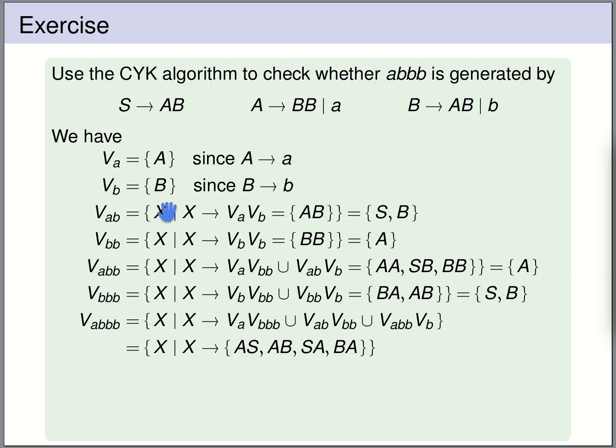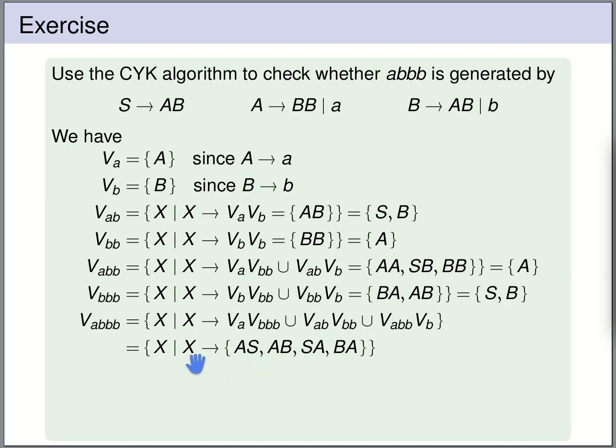From VA, which is A, and VBBB is S and B, we get AS or AB. VAB is S and B. VBB is A, so we get SA and BA. And VABB is A, VB is B, so we get AB, but we already have AB.